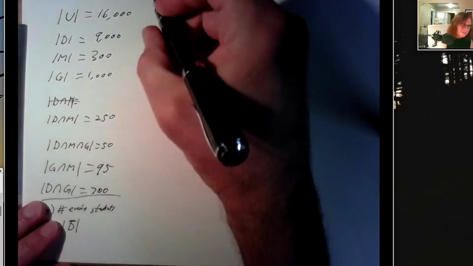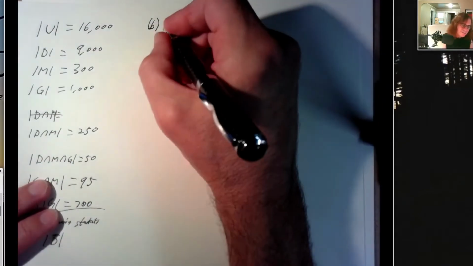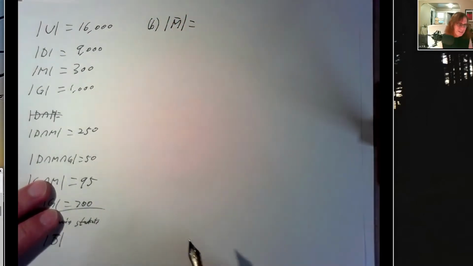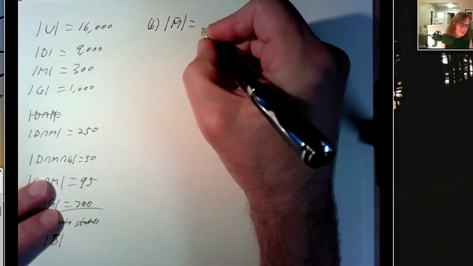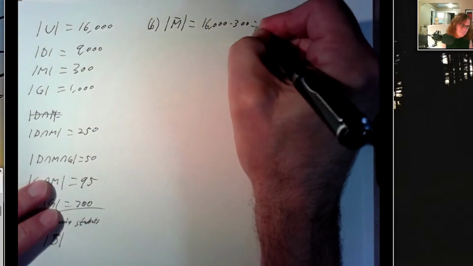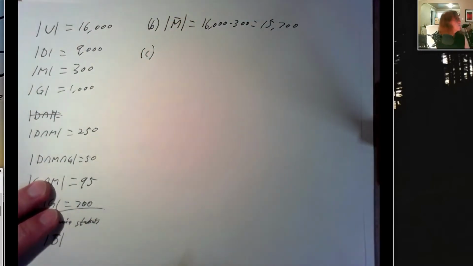If we want to find the number of non-math majors, a non-math major means that you're not in the set of math majors, so we just want the cardinality of M bar, and that's going to be 16,000 minus 300. So that's 15,700. So these first few questions aren't terribly confusing.